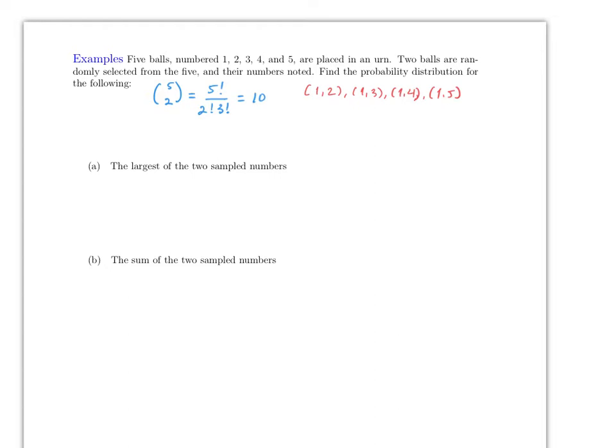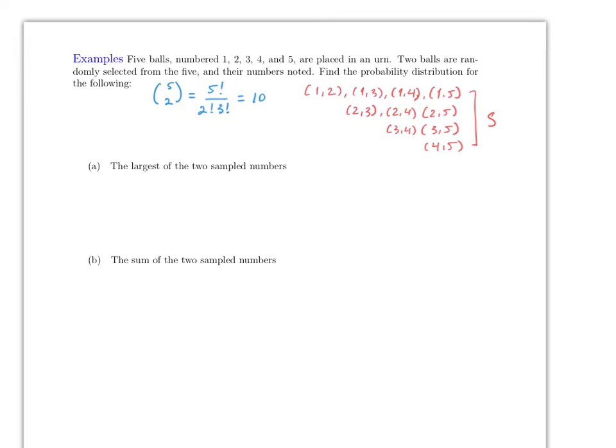Or it could be 2 and 3, 2 and 4, 2 and 5. It could be 3 and 4, 3 and 5, or 4 and 5. So this is the sample space, which you can see has 10 points.